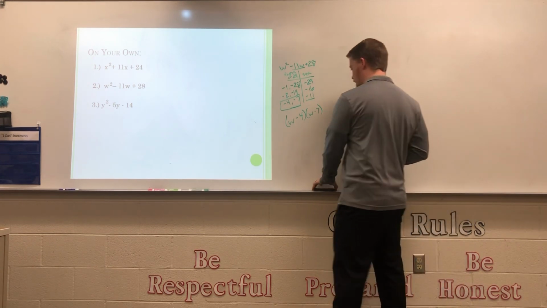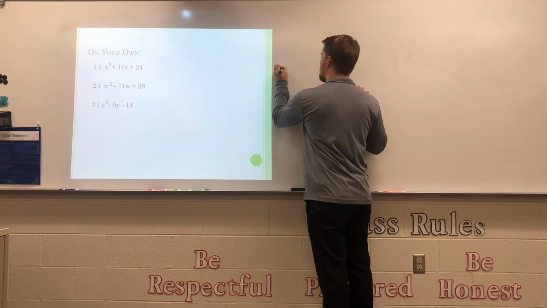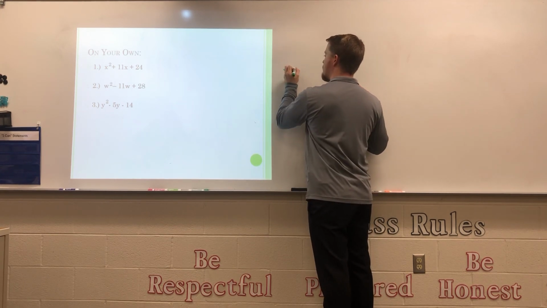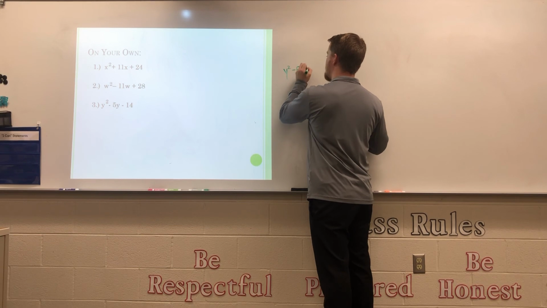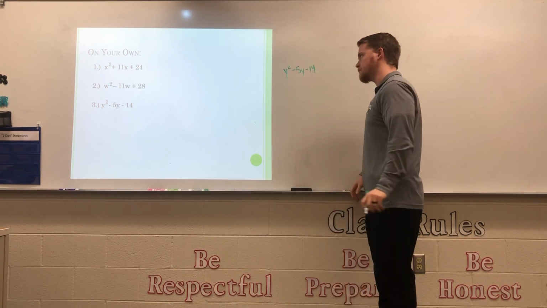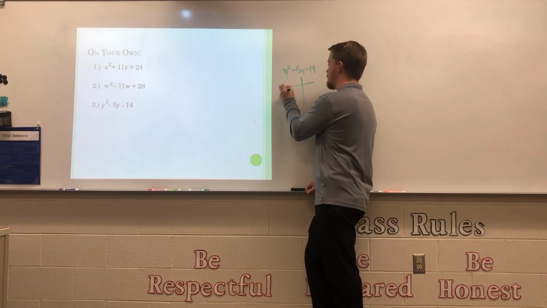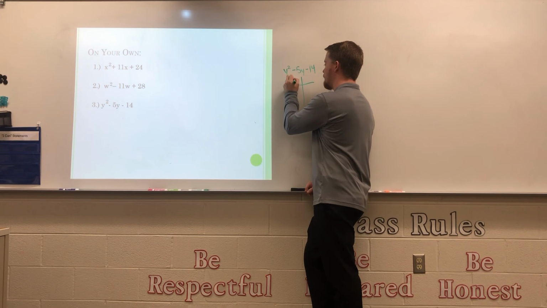All right, last one. We have y squared minus 5y minus 14. All right, so we have a negative c, so we know the factors, one will be positive, one will be negative.